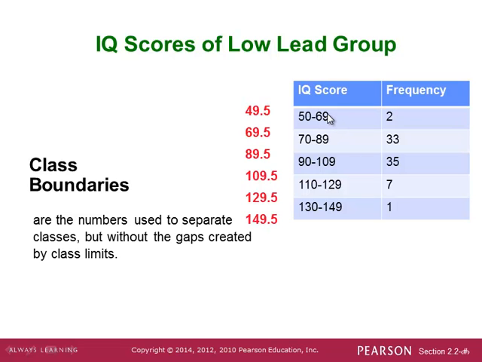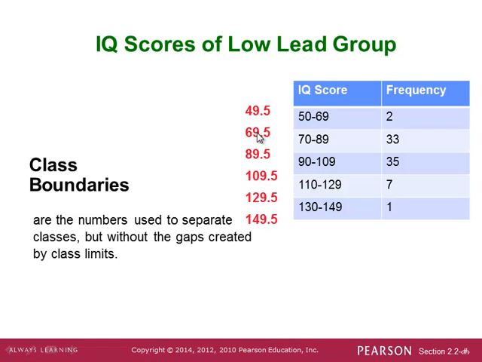Now, if you take a look at the difference between, say, this upper class limit of 69 and the next class lower limit of 70, halfway between 69 and 70 is 0.5.